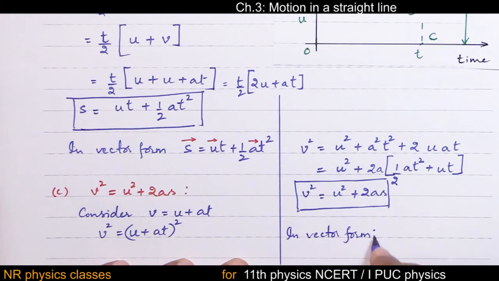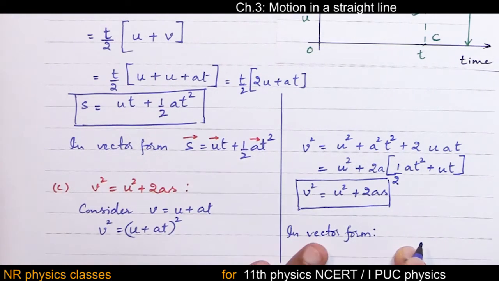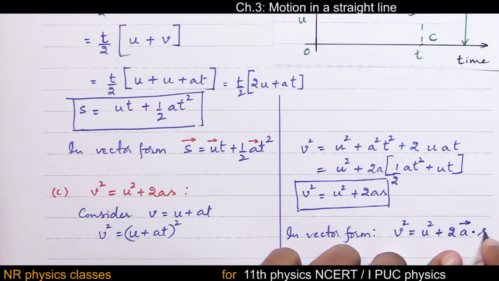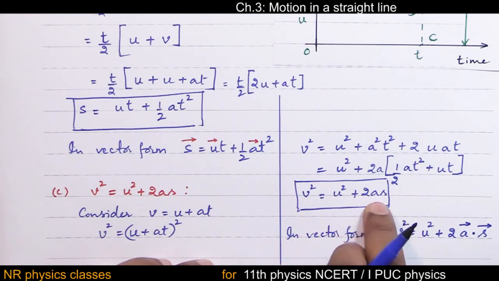In vector form, V square is a scalar, U square is also a scalar, plus 2 into vector A, you should draw a dot here, and vector S. So this is the vector form of V square equals U square plus 2AS.